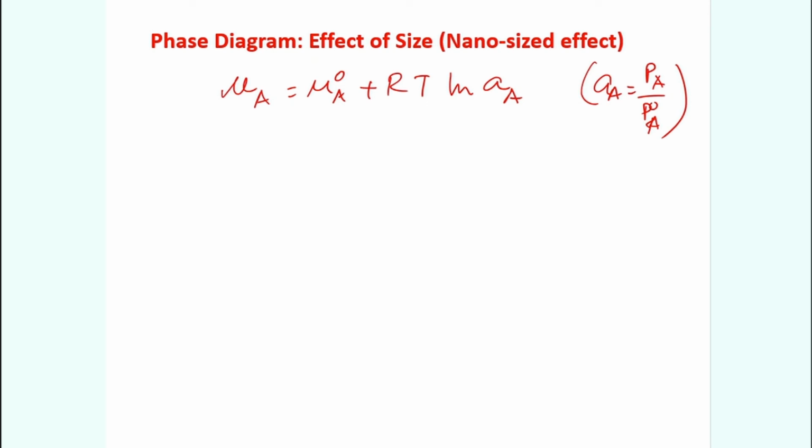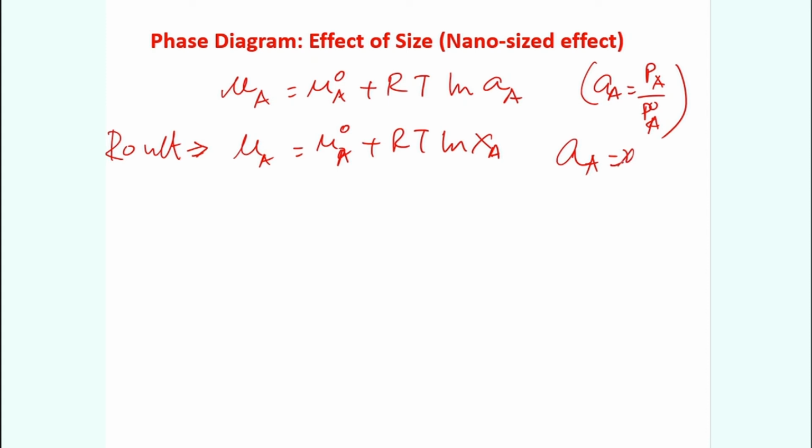Now Raoult says, well, to understand the solvent and solute effects in solutions, Raoult came into the picture, and he says, why use such complex things? He said mu A is equal to mu A 0 plus RT ln XA. Simply, you arrive at the mole fractions. That means, according to Raoult, A is equal to XA, the mole fraction. Quantity A is activity.